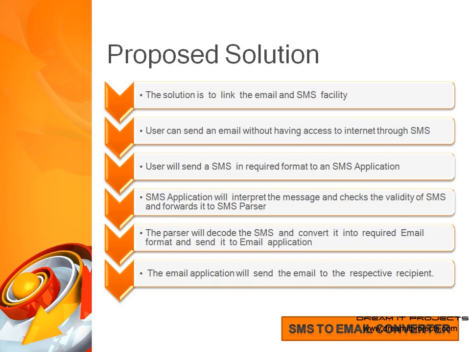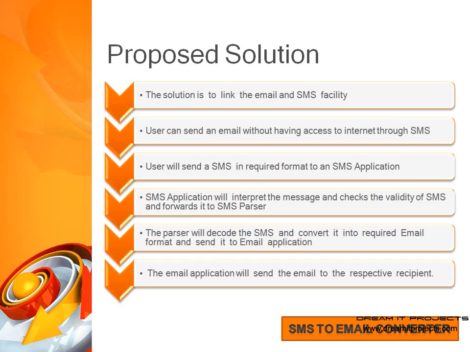Validity indicates whether the message format is proper or not. The message format can roughly be like this: the first part is the indicator of whether we have to send a mail, then we have the email address, then a subject, then a body. This is a specified format, and the application checks whether this format is proper or not.